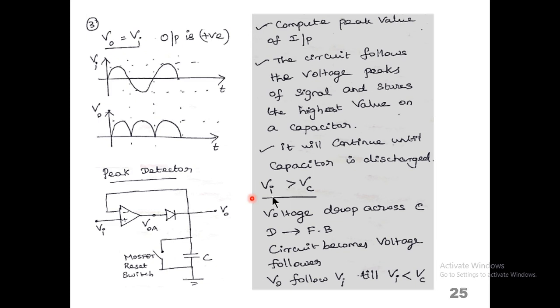If the input voltage is greater than the capacitor voltage, the diode will be in forward bias condition. Output will follow Vi, which means it acts as a voltage follower till Vi is less than VC.